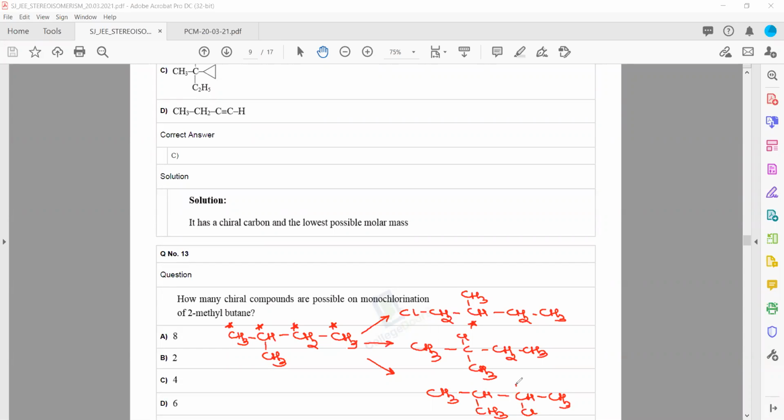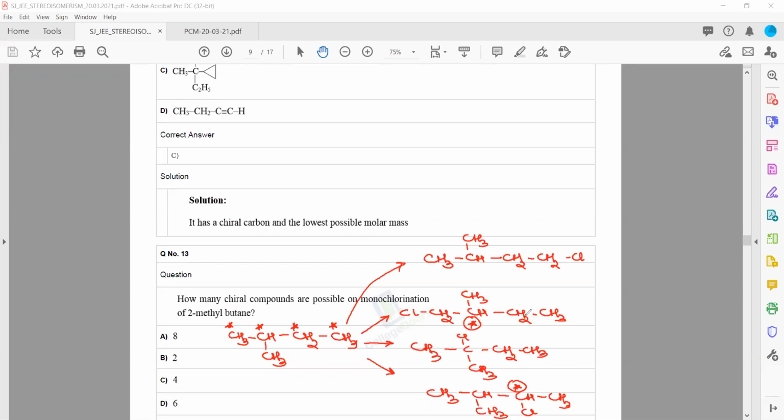Third one, obviously. And one more structure we will get, which will be substituting the H of the last carbon. So I'll get isopropyl CH2 with a CH2Cl. Is it having a chiral carbon? No. So we had a chiral carbon in the second structure and the last structure. So how many chiral compounds will be possible?